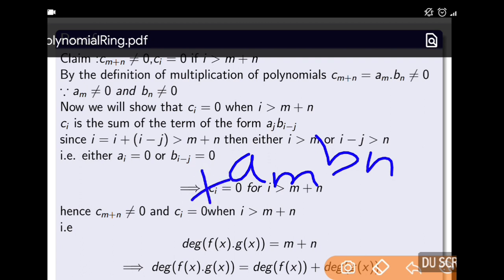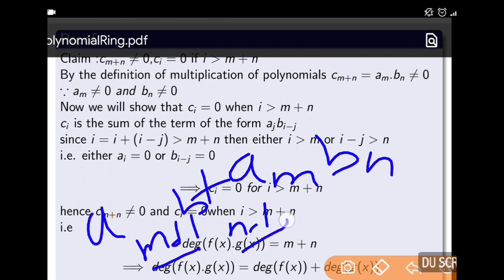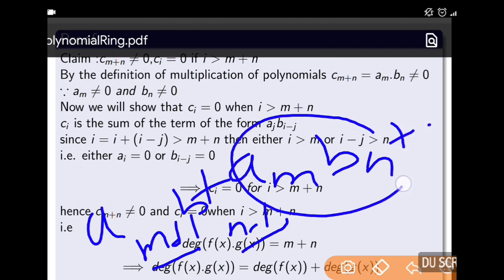What is the previous term to this? It must be a_{m+1} b_{n-1}. In this case a_{m+1} is 0 because the degree is m, and all the previous terms become 0. Similarly the later terms become 0. This is the only term here.